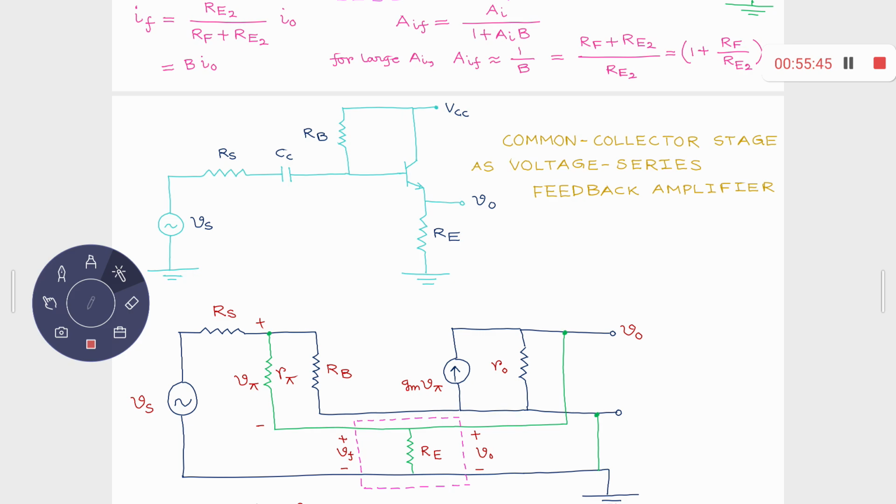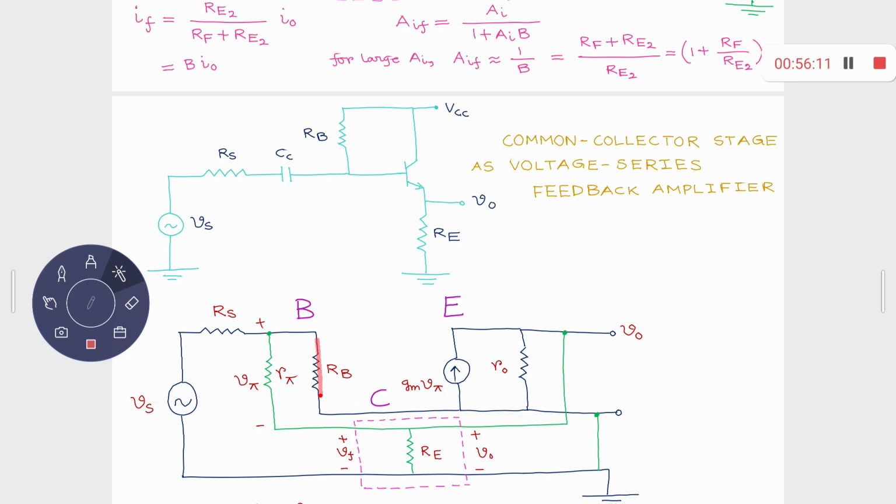Let me mark the terminals: this is my base terminal, this is my emitter terminal, this is my collector terminal. Typically I draw base, collector, emitter in one way; this time base here, emitter here, collector here.